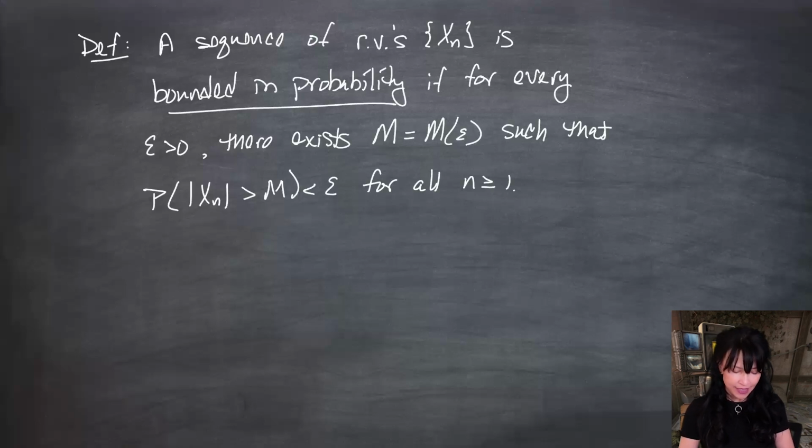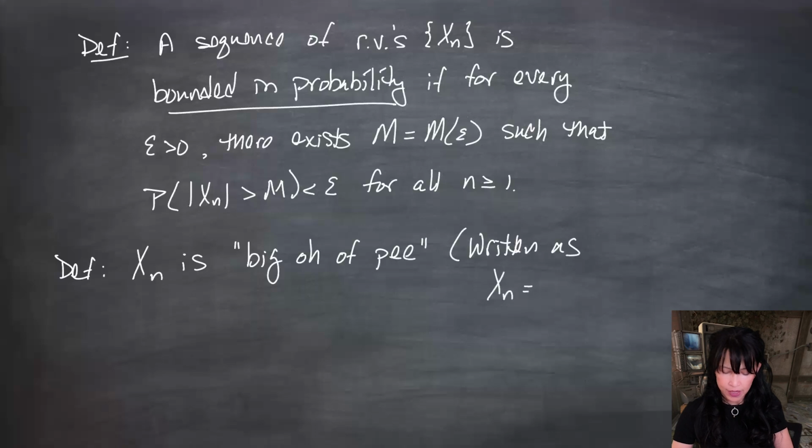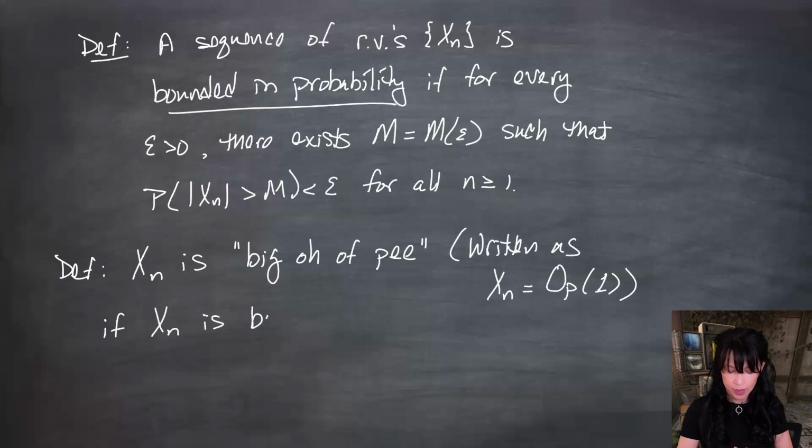Okay, the final thing I need to define is xn is big O of p, and we'll write this as xn equals a capital O sub p of, I'm just going to go with the 1. That's all we need. But just like little o, you can put a sequence of real numbers in there. If xn is bounded in probability.